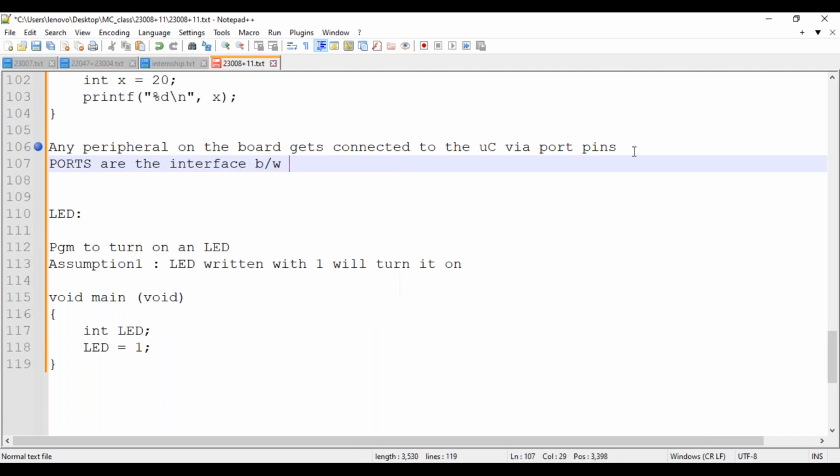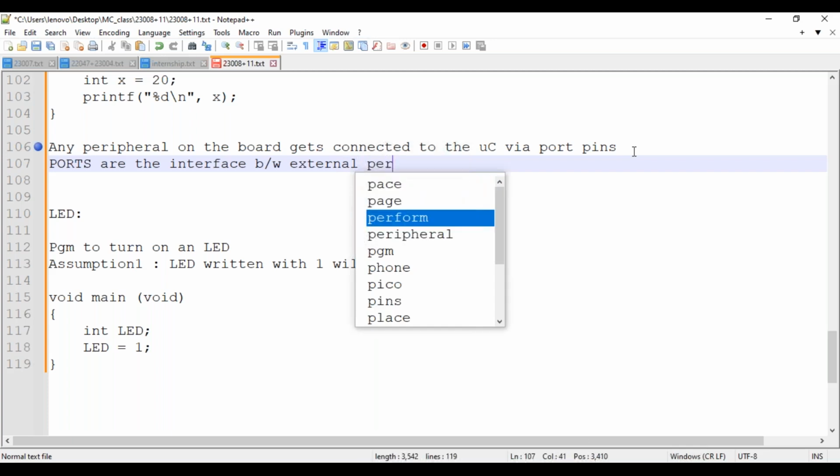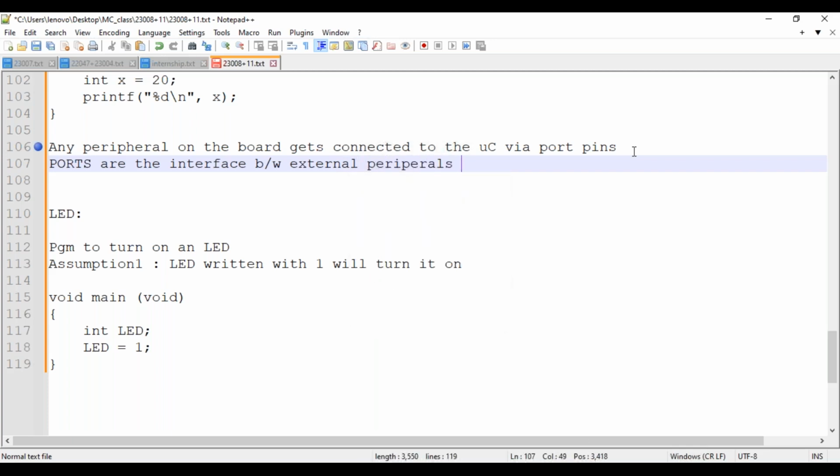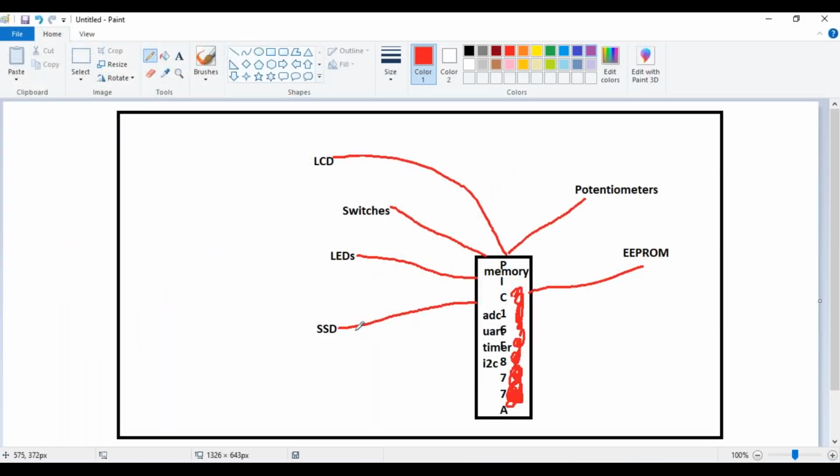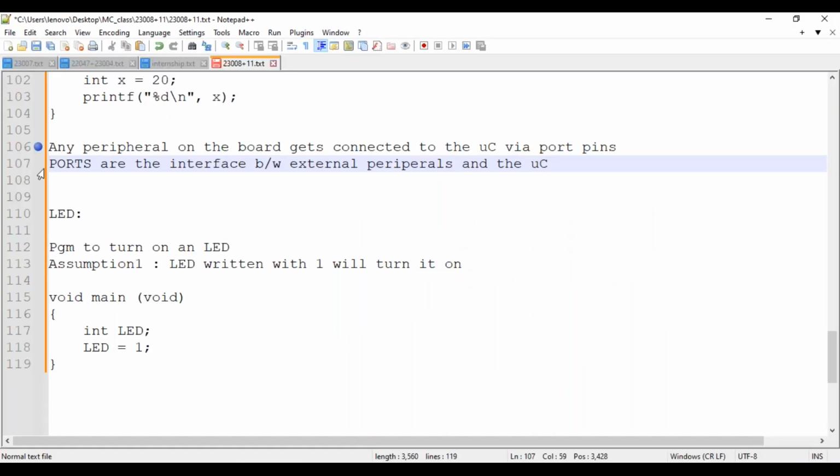If you see here, this LED is connected to the microcontroller via a pin. Multiple pins will be grouped together into individual ports, and port pins are used to make the connection with the external peripherals.